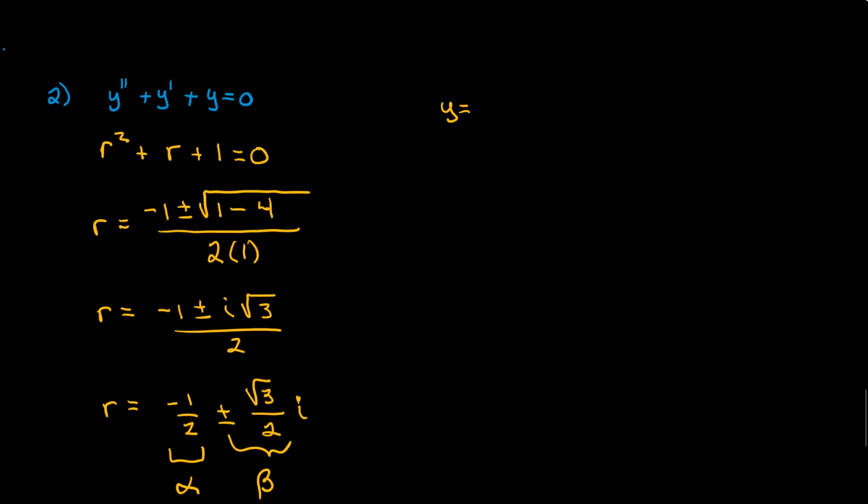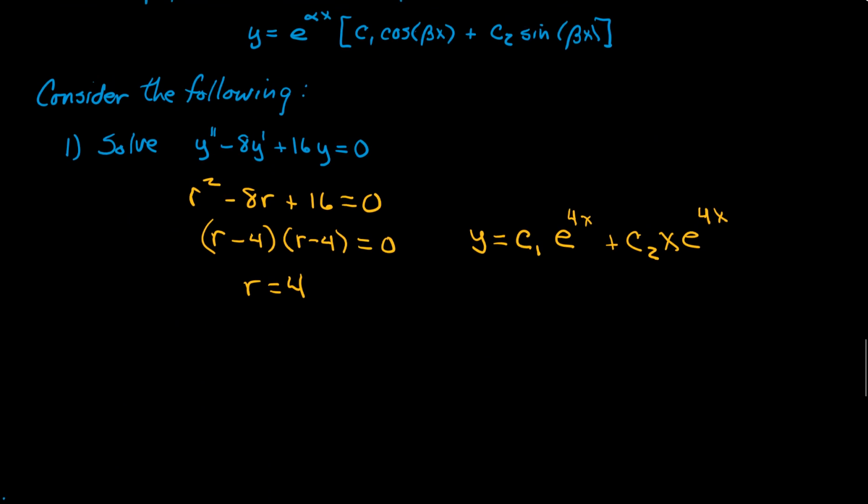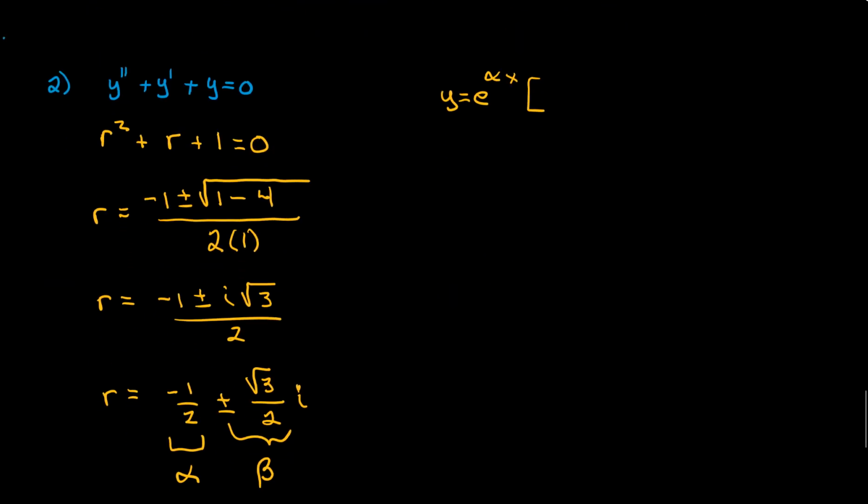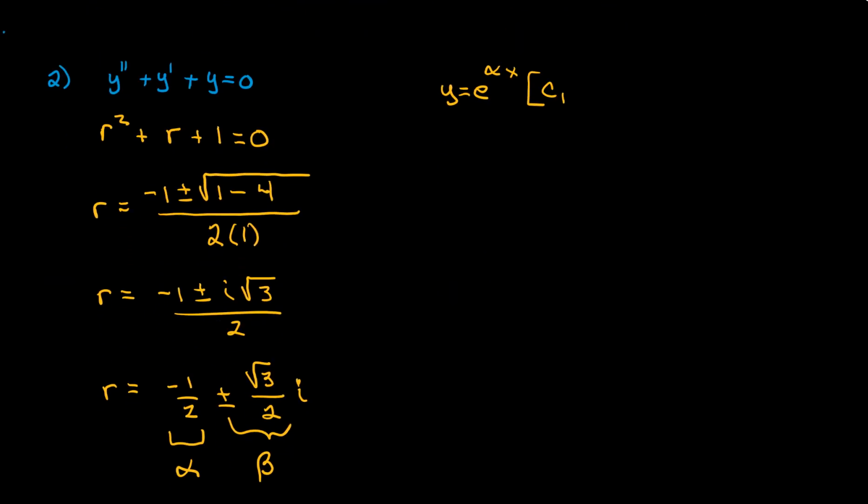We have y equals e to the alpha x times, now if you take a look here, c1 cosine beta times x plus c2 times sine of beta times x.